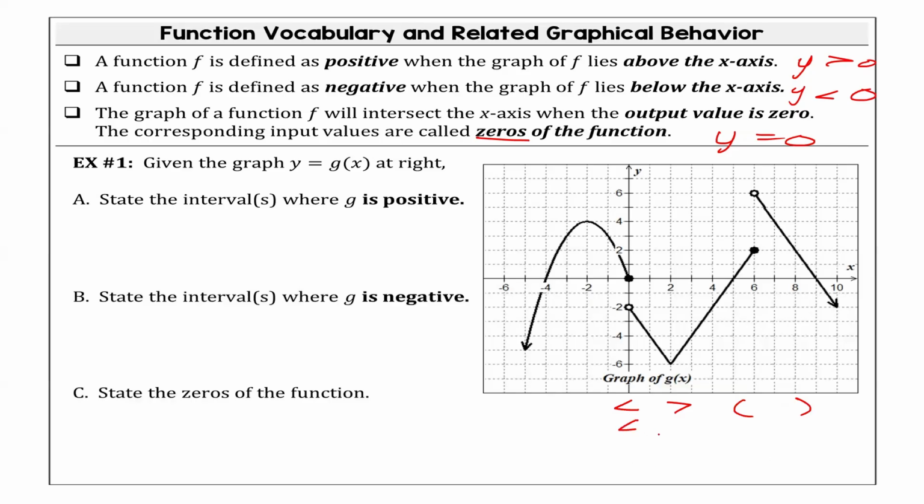If we have less than or equal to or greater than or equal to, that means it's a closed interval. It's defined at that point, and we use brackets. Any time it's negative infinity or positive infinity, you're going to use parentheses.